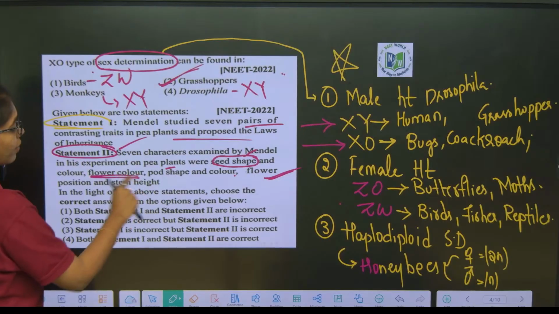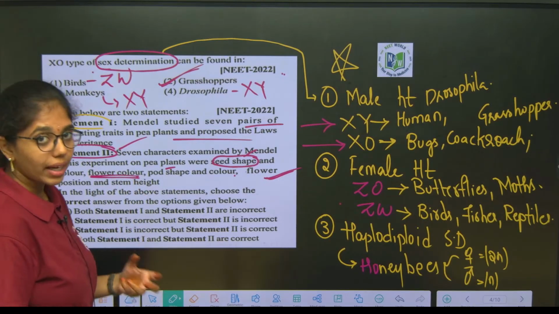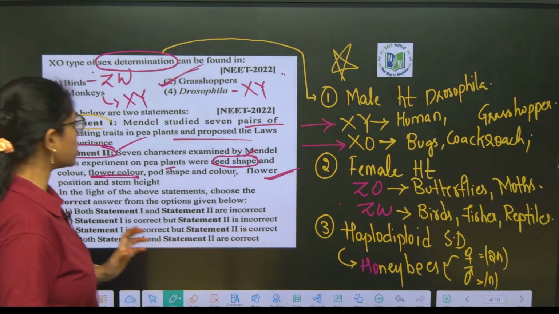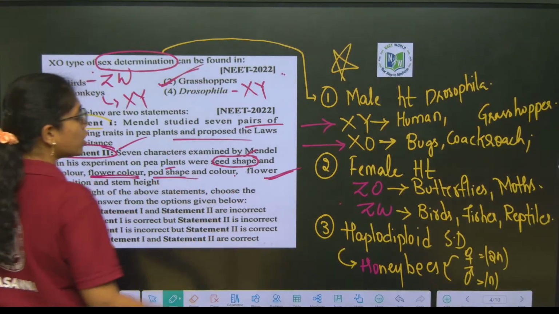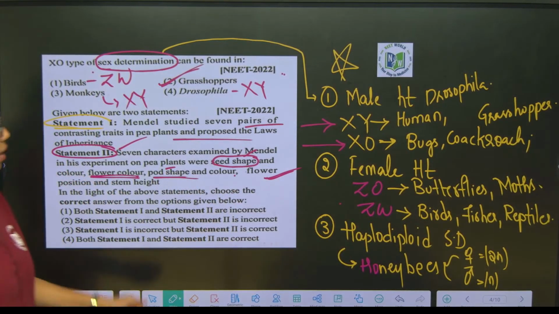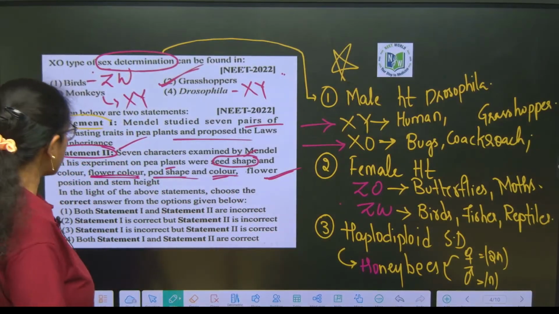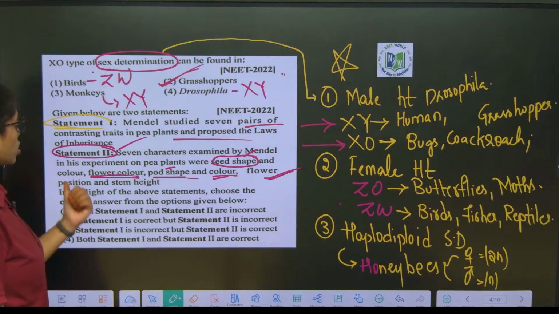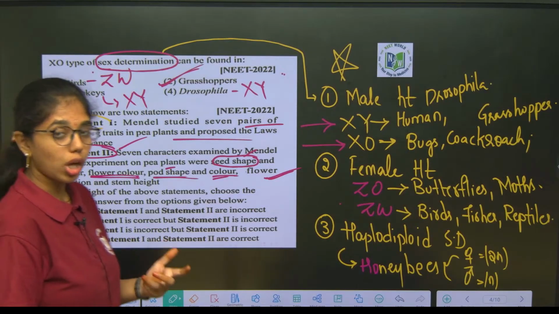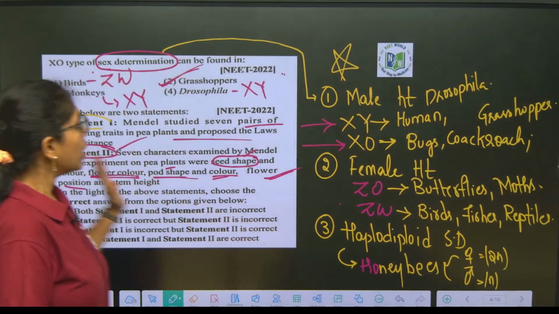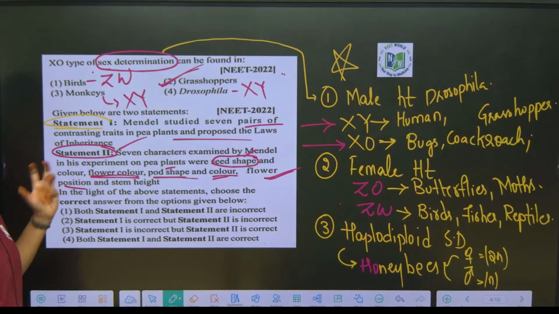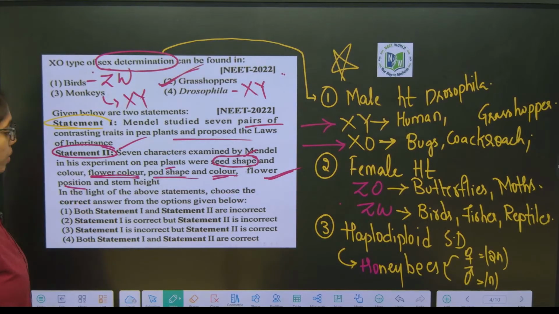Flower color: violet is dominant, white is recessive. Pod shape: inflated is dominant, constricted is recessive. Pod color: green is dominant, yellow is recessive. Flower position: axial is dominant, terminal is recessive. This is the complete set of 7 contrasting pairs given by Mendel.